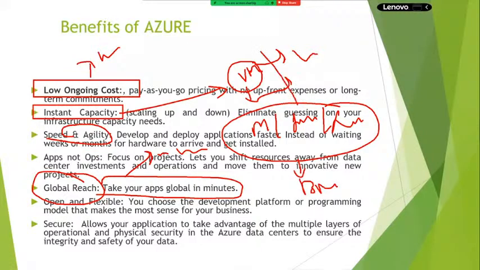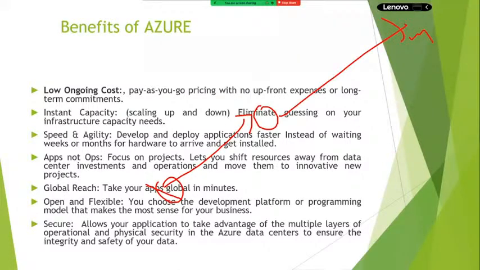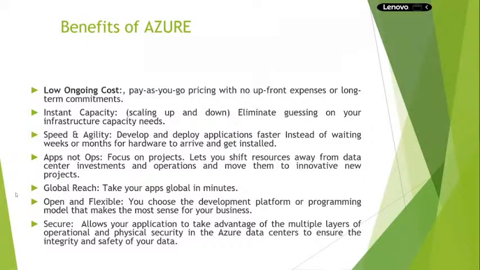Because they are publishing the data across the world to the nearest cache servers. If I access my Facebook, my request will go to the nearest data center, not the main data center. They are distributing the content across the globe in minutes.